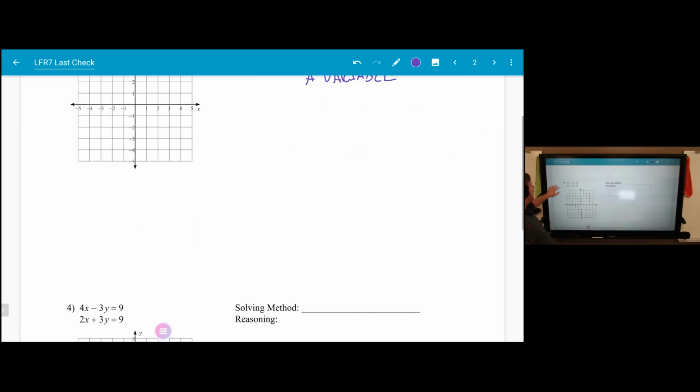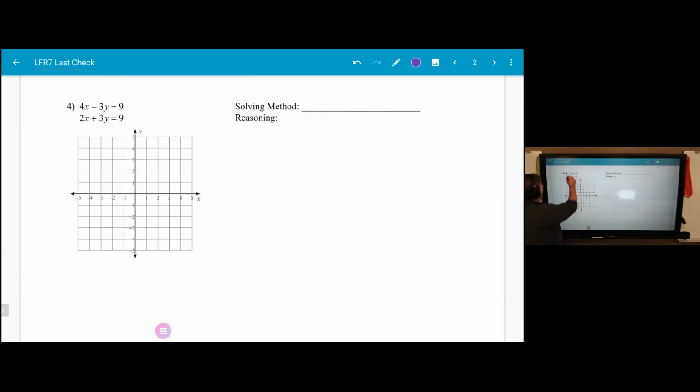And for number 4, right here, I immediately see elimination, because if I add those two equations together, I get rid of y. I eliminate y. So again, I'm going to choose elimination here.